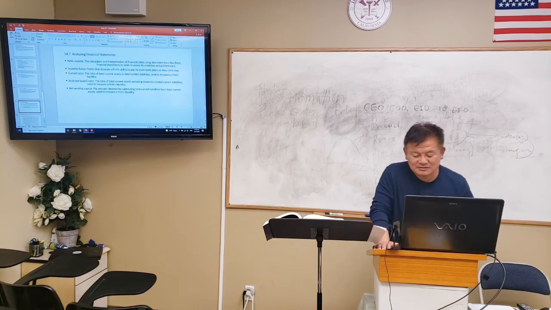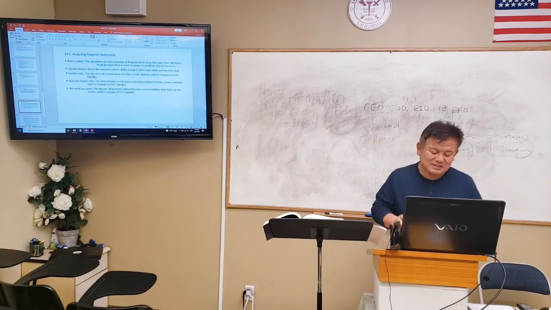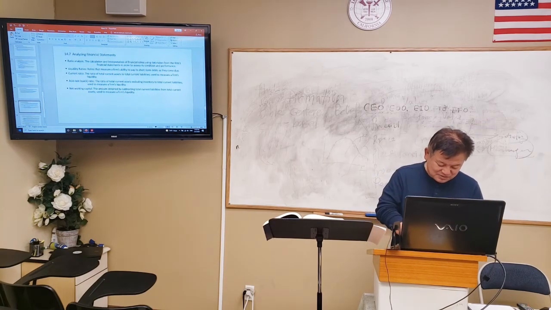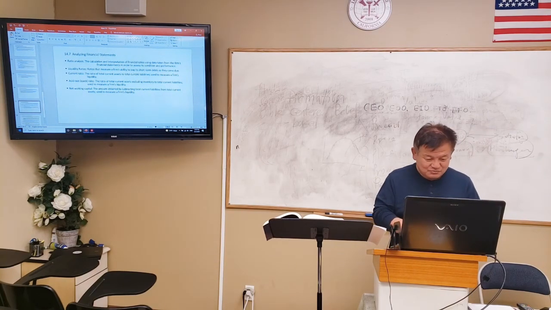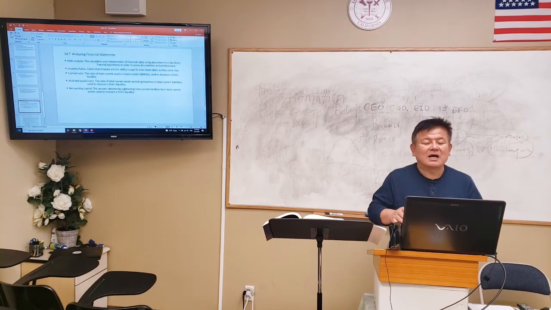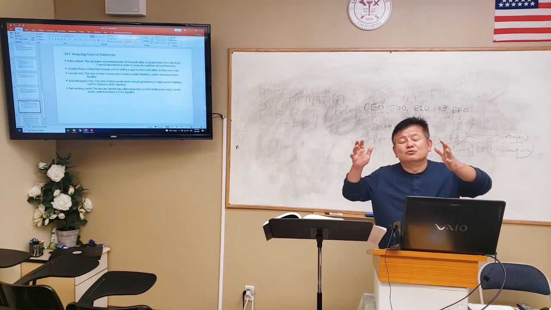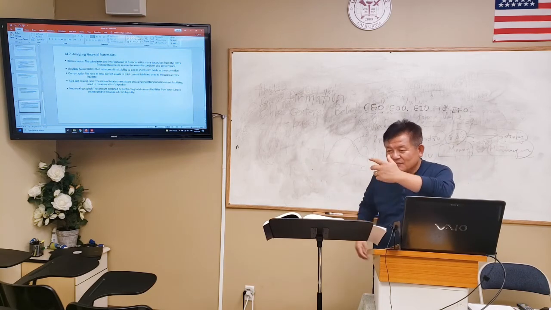Okay, this is not the introduction part, but anyway, if you want to do the accounting part, you have to study later. Okay, and this is how we use the analysis of the financial statements.